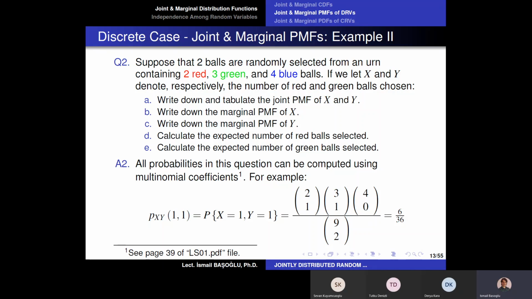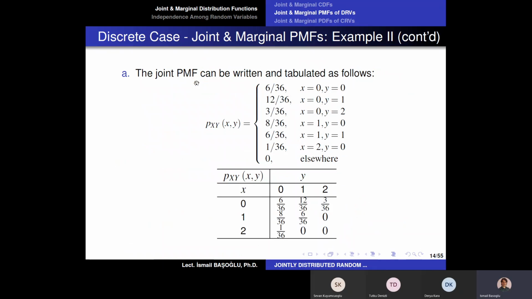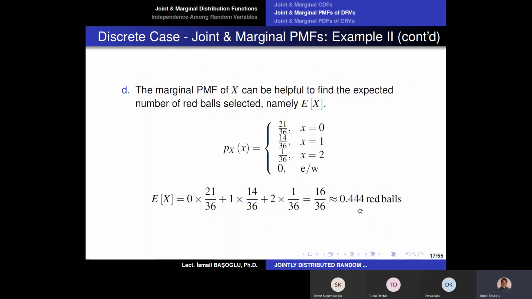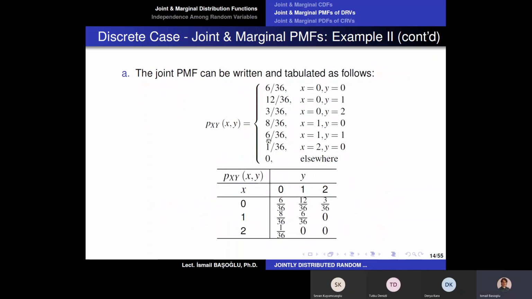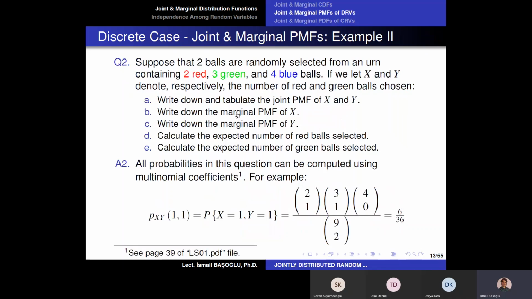So if you select a single ball, then the expected number of red balls in that ball is going to be 2 over 9. So if you select 2 balls, not just one, but 2 balls, then again, by proportionality, it is going to be 2 times 2 over 9, which is 4 over 9, and 4 over 9 is equal to 0.444. So basically, I have 2, 3, and 4 balls in each color.